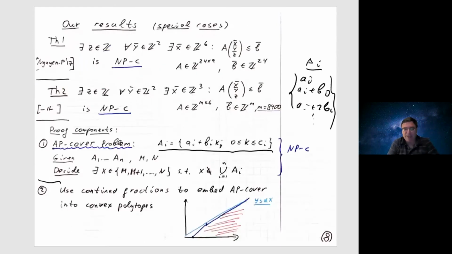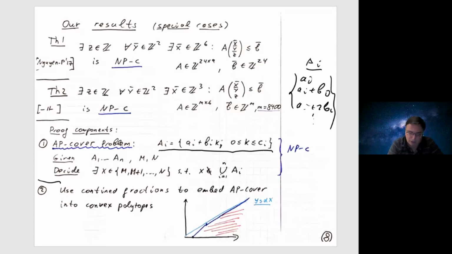So the second idea is, what do I do now with arithmetic progressions? It turns out that I can embed these arithmetic progressions all into one giant polytope, which will later be projected onto something where these arithmetic progressions become evident.